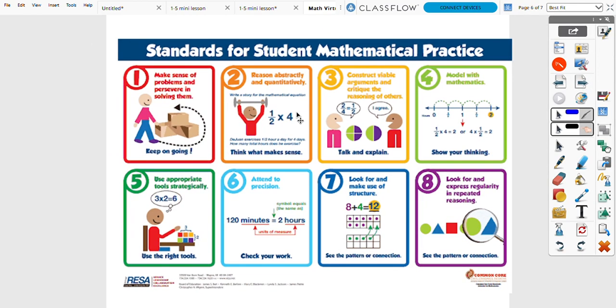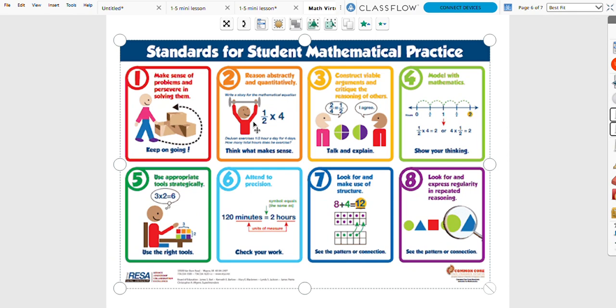You today will be using a lot of math practice 7, looking for and using structure. You're going to be looking at those patterns, and that comes out in your visual learning when they talk about comparing those numbers. So, cool mathematicians, I wish you luck, and I can't wait to see how you do on your solve and share, and then we can continue with our independent practice. Thank you.